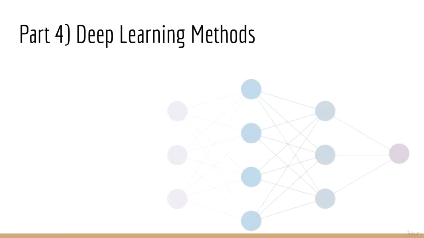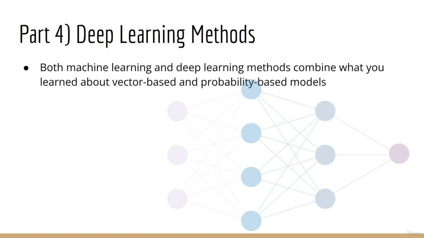The fourth major part of this course will look at deep learning and neural network methods. This part is distinct from the machine learning section because it requires more in-depth knowledge about how deep learning works and specialized libraries. But like the machine learning part, this part of the course will really combine everything you learned from the earlier parts.